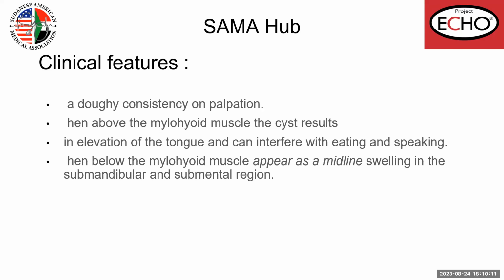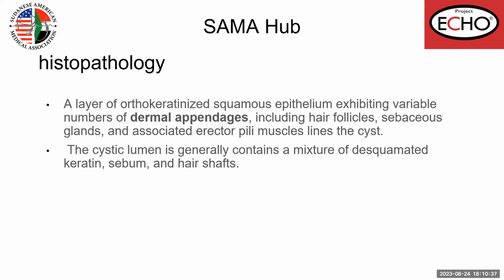If it takes place above the mylohyoid muscle, it will raise the tongue and cause difficulty in eating and speaking. If it takes place below the mylohyoid muscle, it will show in the midline as a midline swelling, causing a double chin.